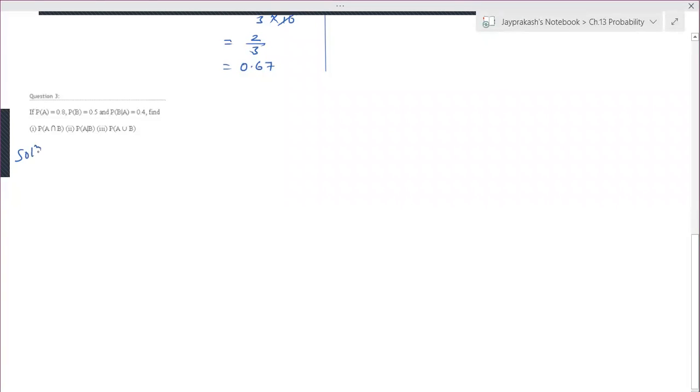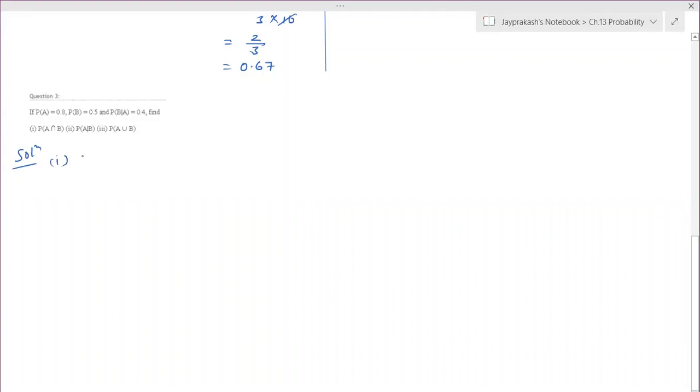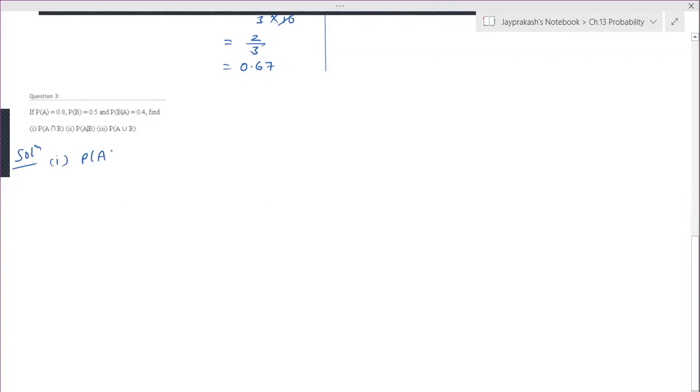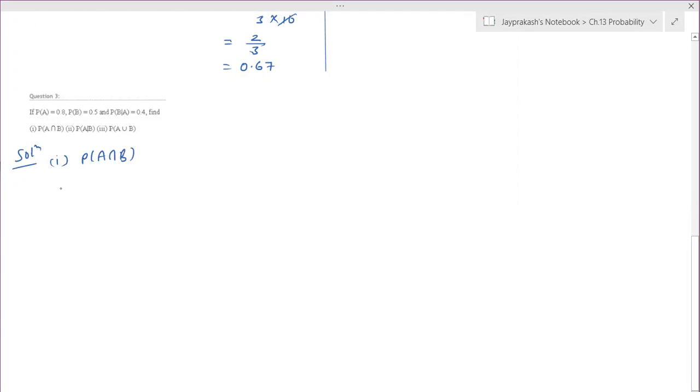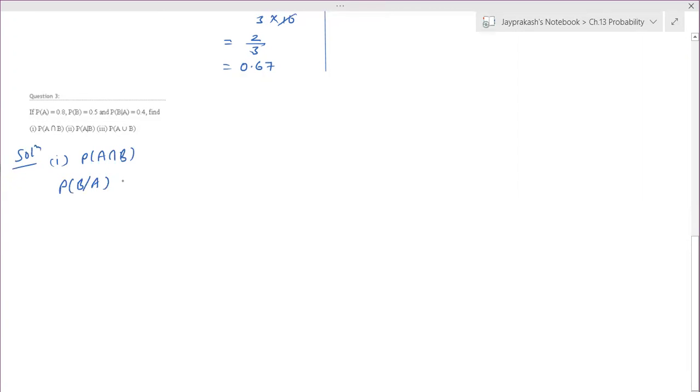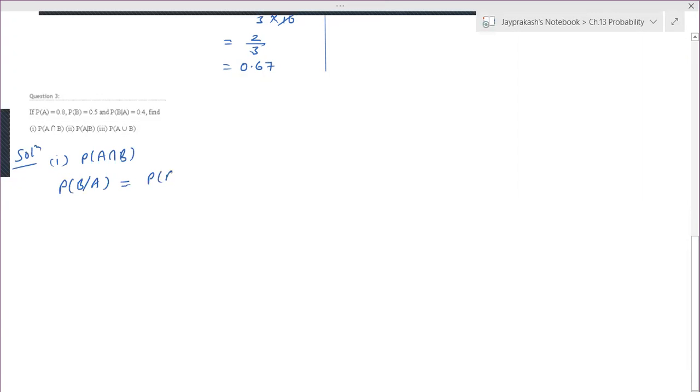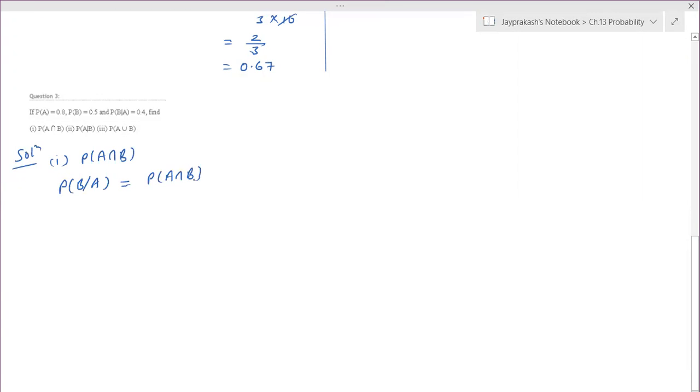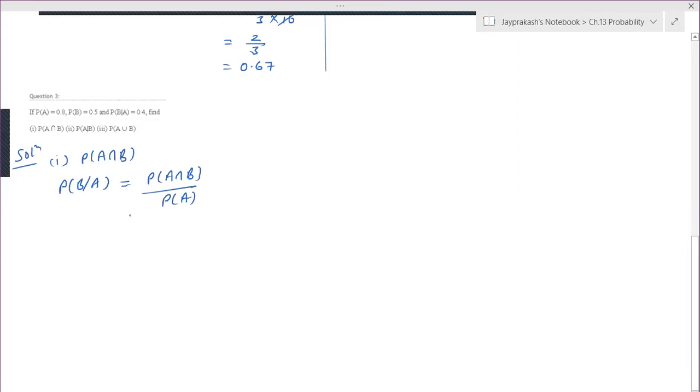For the first part, P of A intersection B. P of B given A can be written as P of A intersection B upon P of A. Now substitute the values.